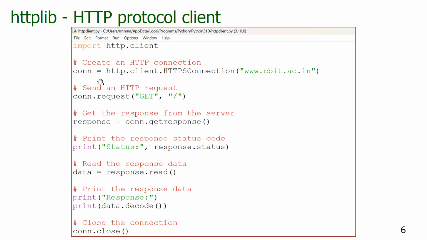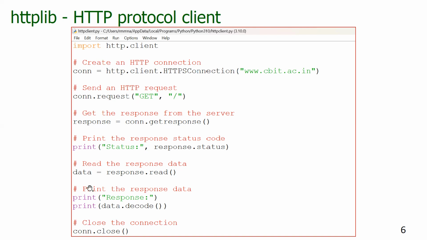The basic steps are: first create an HTTP connection, then send an HTTP request, then get the response from the server, then print the response status code, then read the response data, then print the response data, and finally close the connection.